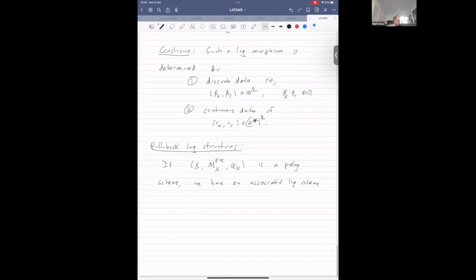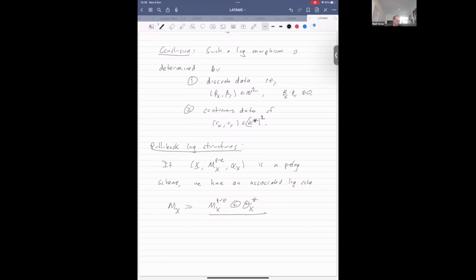So the idea is that you can essentially put in a copy of OX star, and you do that by defining MX to be MX pre direct sum OX star. But it could be that some piece of OX star is already living in here.